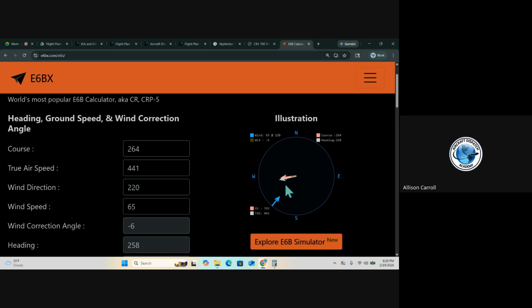Because you have winds coming from this direction, to continue on straight, right? We want to continue on straight towards Salt Lake. You have to correct that. So now you have to put your heading a little bit into the wind to keep moving forward on your specific course. I love this illustration because it actually shows you how it's correcting for those winds.